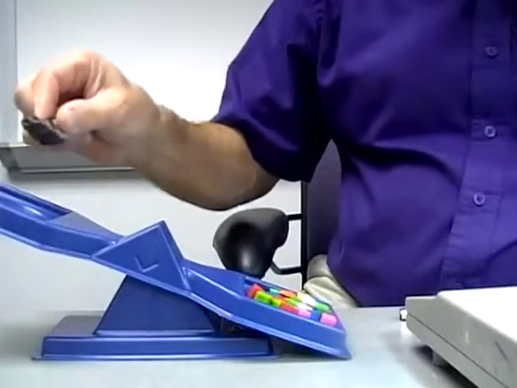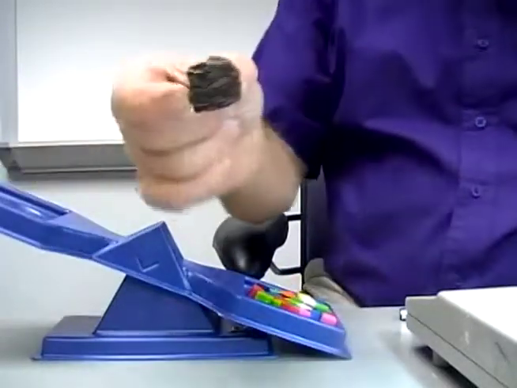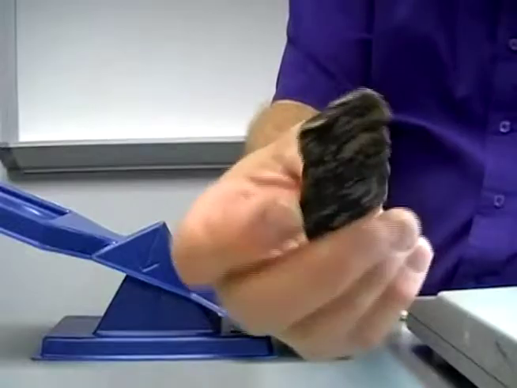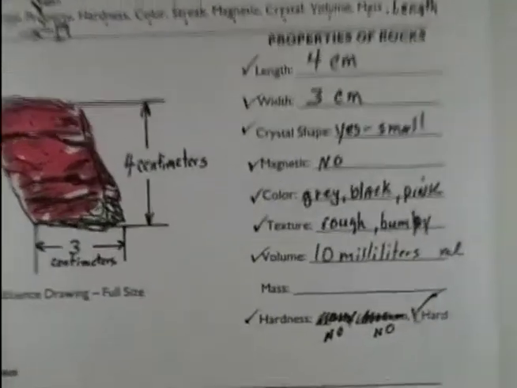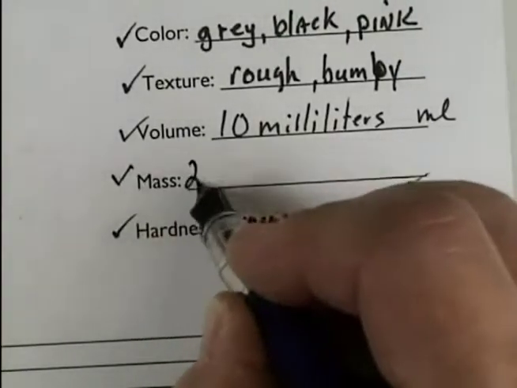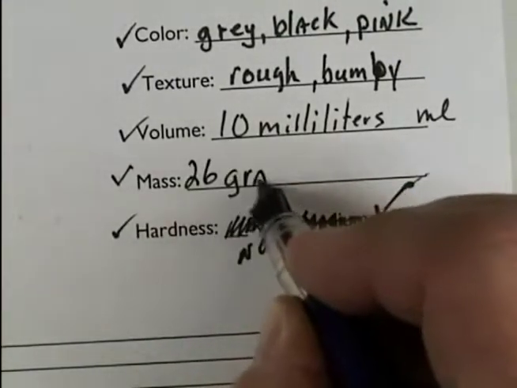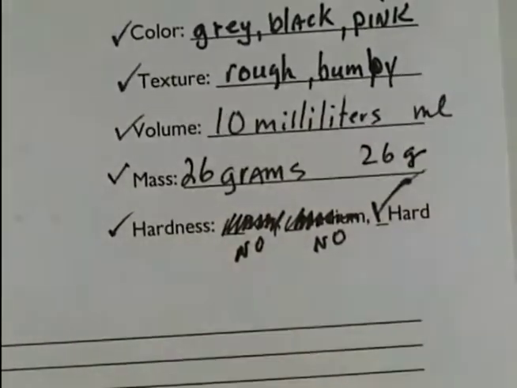Ready? So my sample does take up space, and it does have mass, 26 grams. So I'm going to write that right here. 26 grams. Or I can just write 26 G for grams.